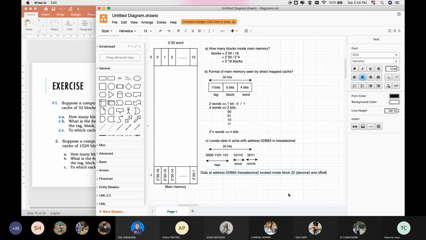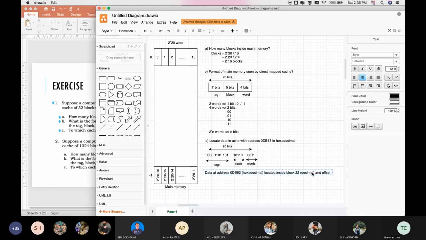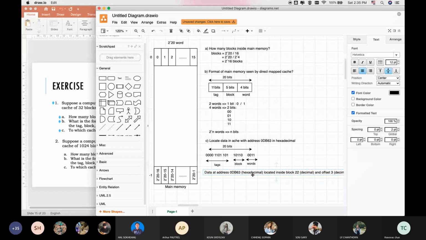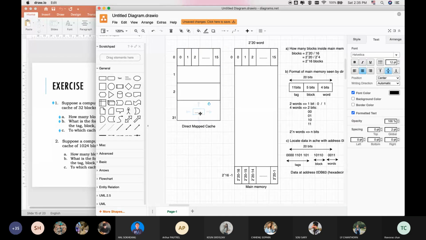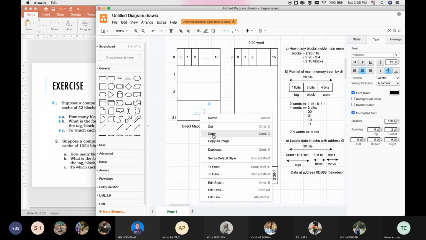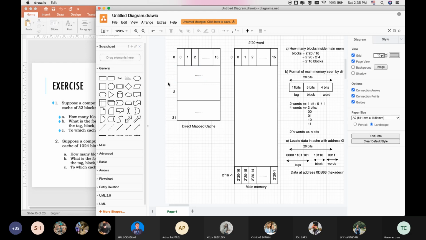And the offset here refers to the index of the word. 0011 equals 3, right? So the offset is 3 in decimal. Okay, so here is the answer. Let me assume that this block is block 22.